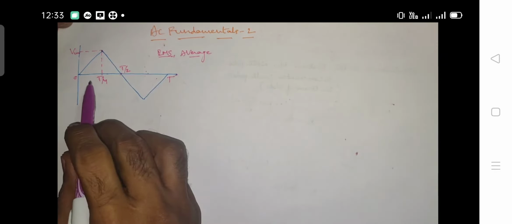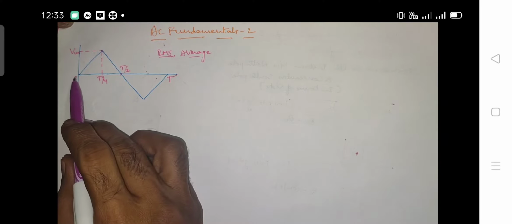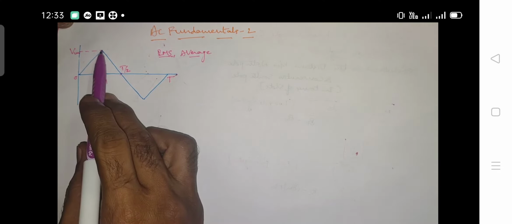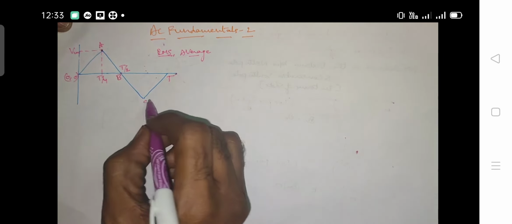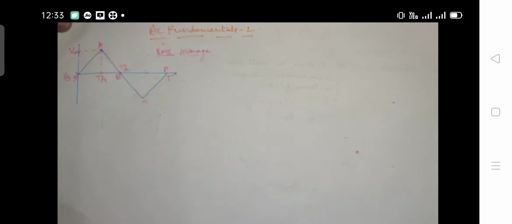Observe this waveform carefully. From 0 to this particular point, initially this is the origin, so this point will be 0 comma 0, and let us say this point is A, B and C, D. I am considering some points here. The point A will be the x coordinate is T by 4 and y coordinate is Vm here.